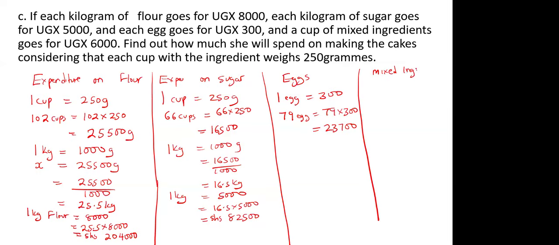Mixed ingredients. This is where I've seen some of your answers are not correct, because here you need to read. Reading is very key. They told you that a cup of mixed ingredients goes for 6,000. And Matia, whenever you are using matrix, make sure you are dealing with the same units.